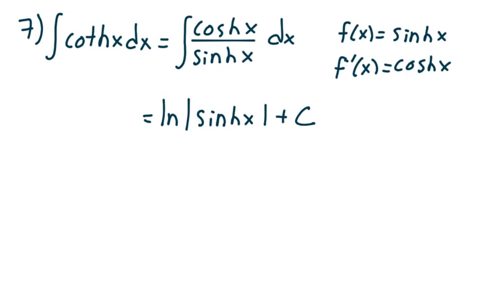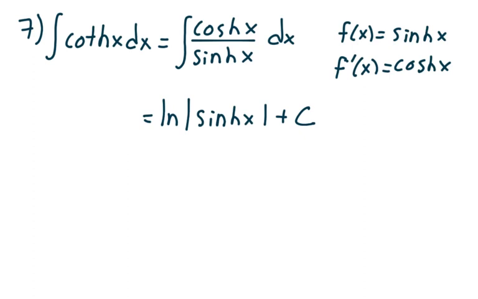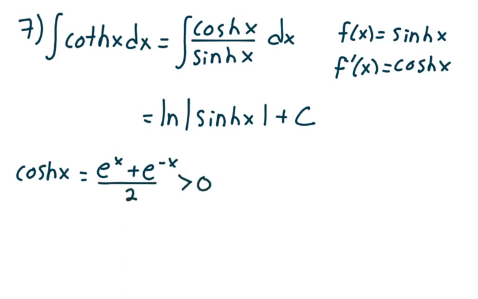Now, you might ask, notice in number 6, I don't have any absolute value bars around hyperbolic cosine of x, but in number 7, I do. Well, hyperbolic cosine of x is e to the x plus e to the negative x divided by 2. And this is greater than 0 for all values of x.